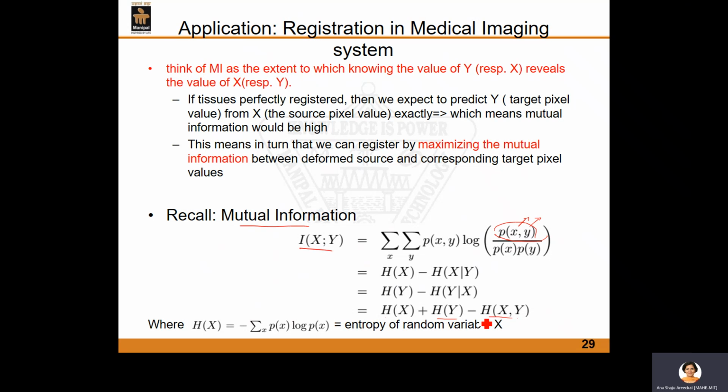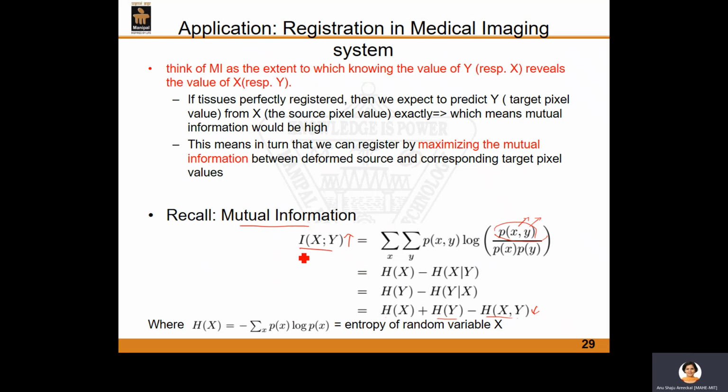So what I say is that if the joint entropy between the images is decreasing, or is minimum, then the mutual information is maximum, right? So it has kind of an inverse approach over here.